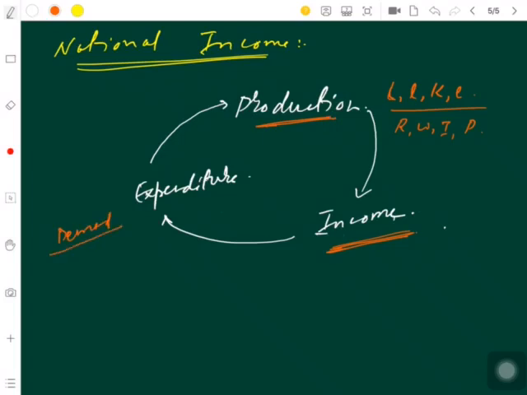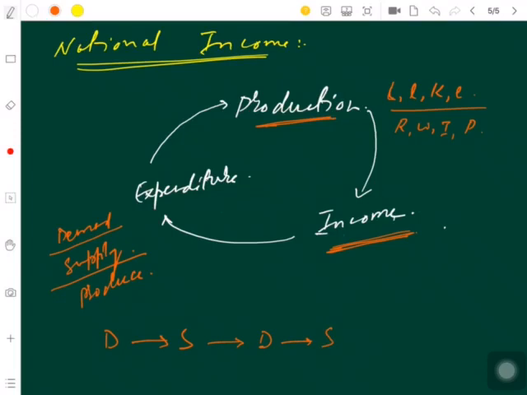So the suppliers will have to supply these goods and services. In order to supply goods and services, they will have to further produce goods and services. See, this is a chain of effects. People demand, producers supply, people once again will demand further goods and services, producers will once again supply goods and services. This will go in cycles.